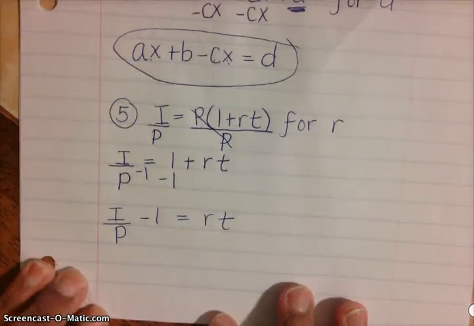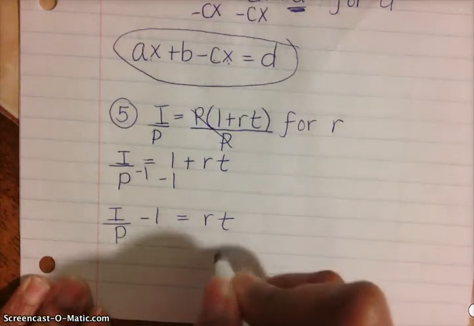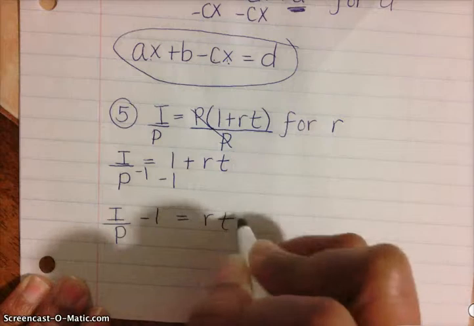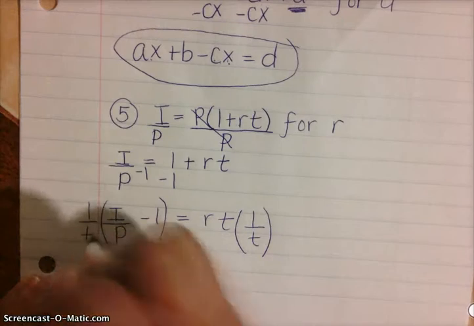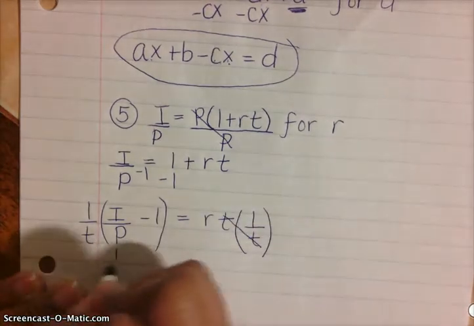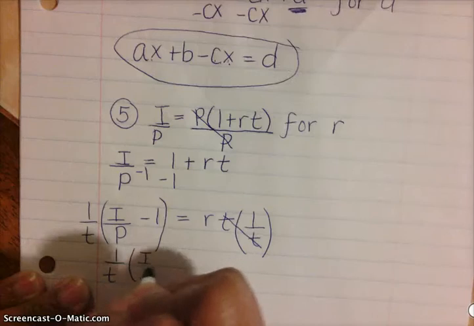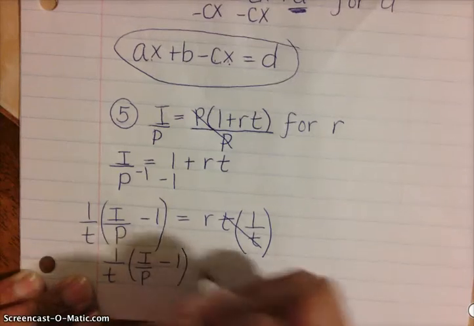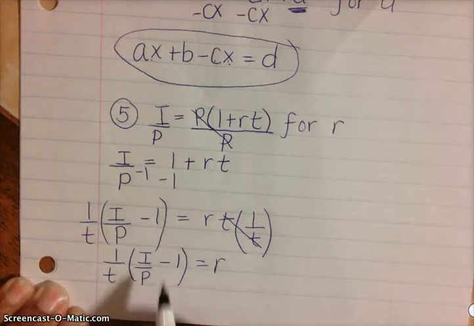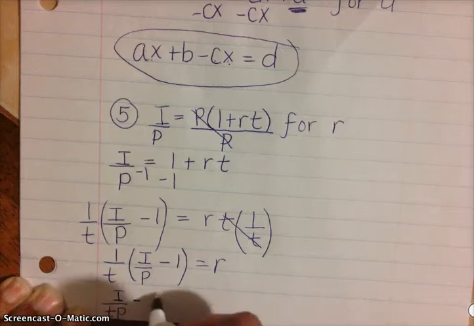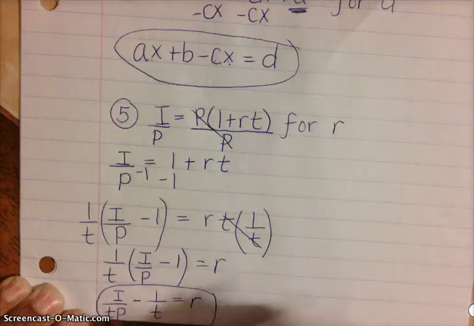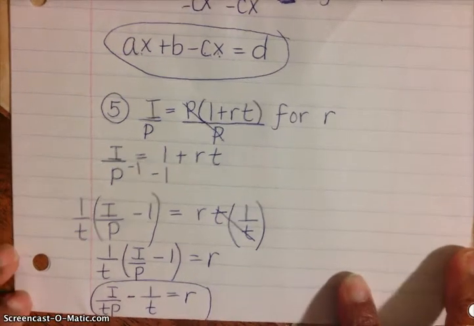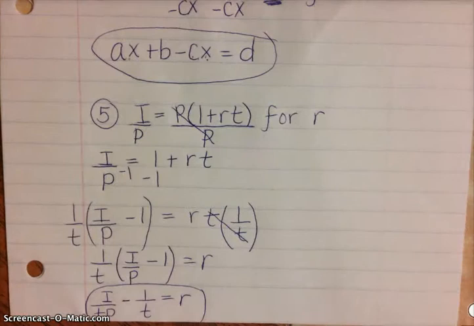So now to get the R isolated, I'm going to divide both sides by T, or I'm going to say multiply by 1 over T. Here, the T's cancel, and I have 1 over T times (I over P minus 1) equals R. And now we can distribute, and we have I over TP minus 1 over T equals R. This one is a little bit more complicated. This will be more of a challenge type problem.